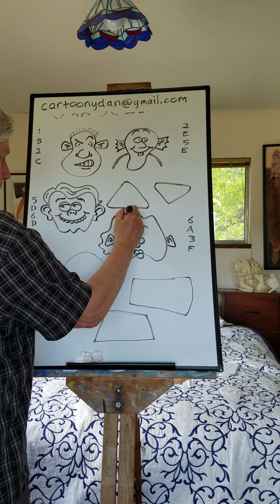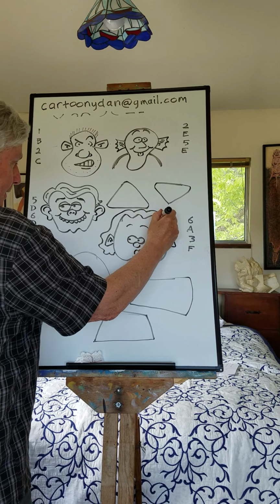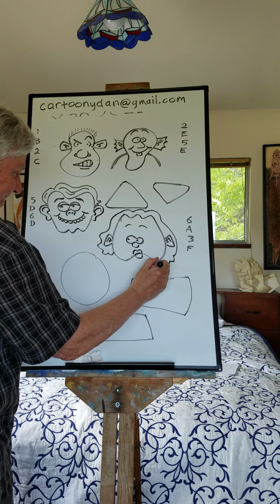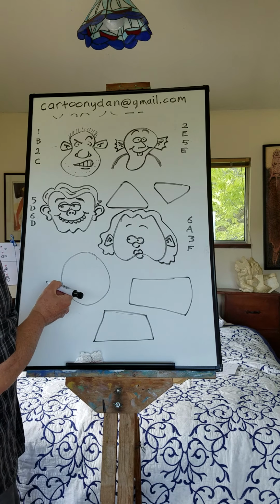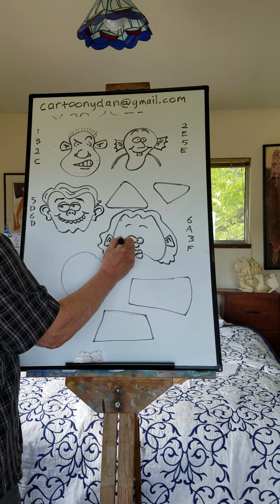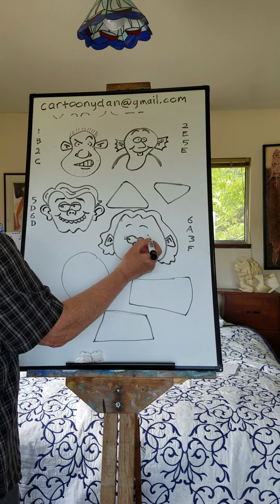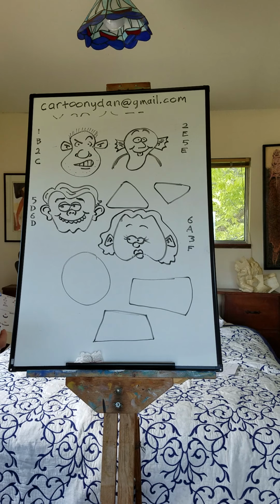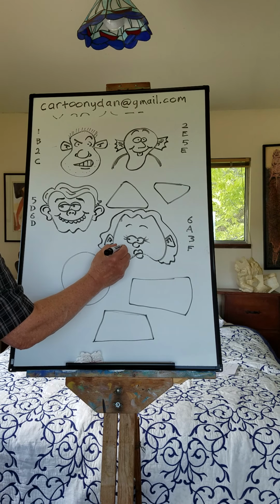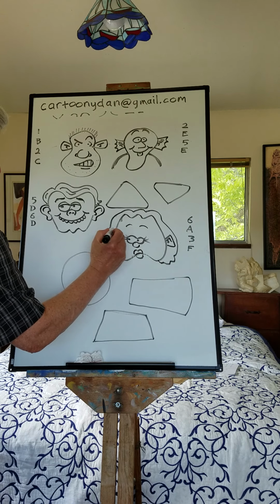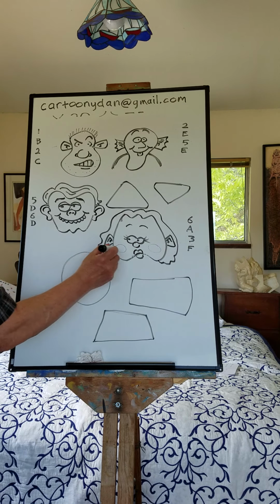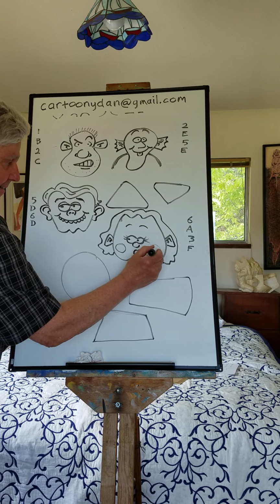Did you know it was a little girl? I didn't either. Nope. Lashes are always good. It's easy as that. There's a little cheek rouge. I don't know if you can see that. I did that.